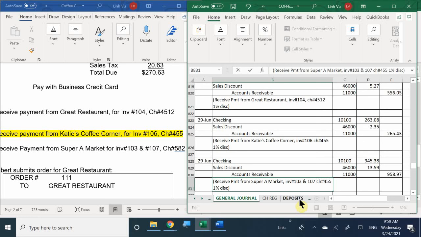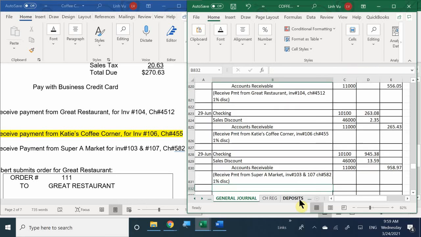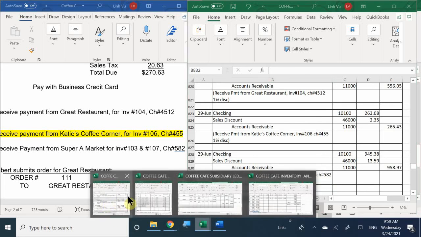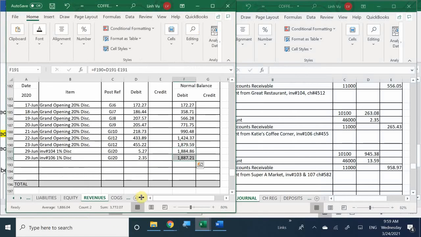Check number 582. All right, 1% discount. All right. Let's go to the ledger once again. Checking.